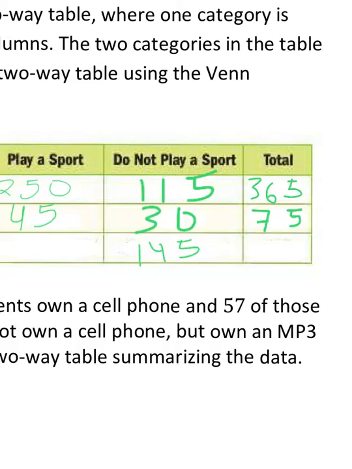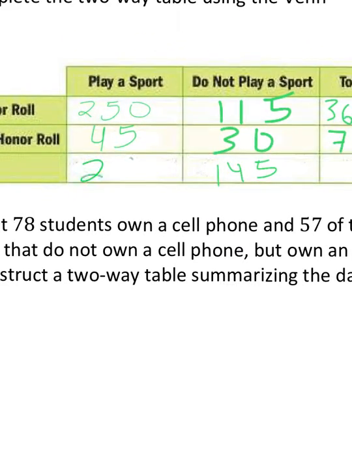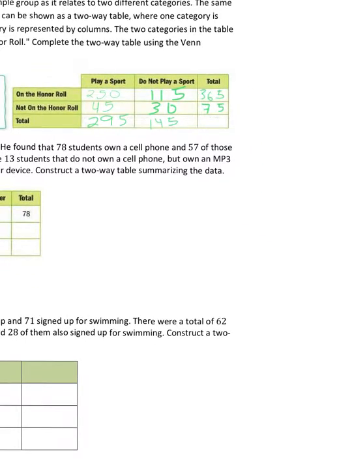Now I'm going to do some column totals. Playing a sport is 295. And now here's kind of the best one, where the total and the total meet right here, that should be able to be checked twice. If you add the column total and add the row total, they should both be the same number.